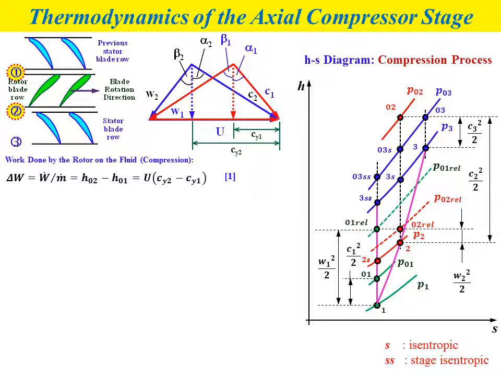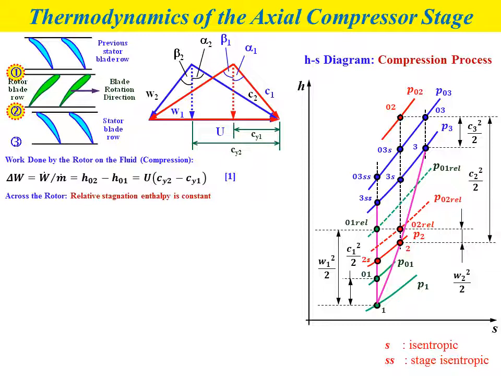S stands for isentropic condition, SS stands for stage isentropic condition. In this diagram we have a number of points based on the different types of pressure: static pressure, stagnation pressure, and also relative stagnation pressure. In this diagram we also have the kinetic energy terms based on relative velocity W, and also based on the absolute velocity C.